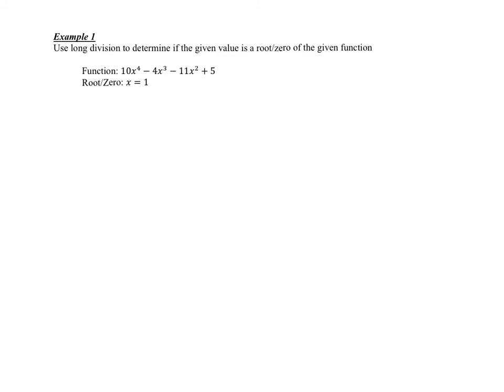So let's look at this example here, example number 2. I know the question says use long division to determine if it's a root or a 0, but let's use the remainder theorem. The remainder theorem tells us if we plug in the potential root, so plug in root, putting it in air quotes because we're not sure, so plug in root of x equals 1 to get the remainder.